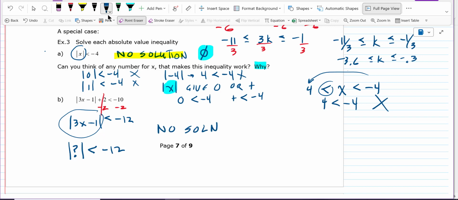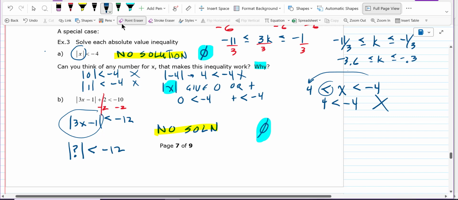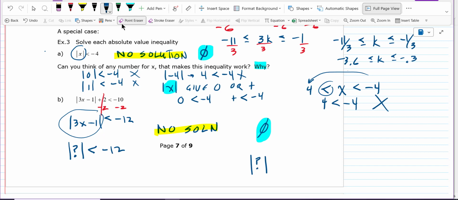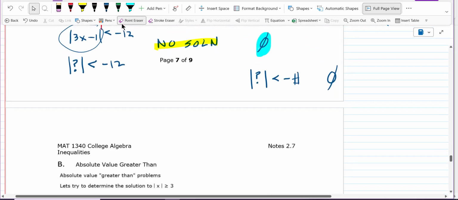You can just abbreviate that like that if you want, or you could do, again, the empty set symbol. Okay, so this is just sort of a special case. If you see an absolute value isolated, of anything, that can never be less than a negative number. That would automatically be no solution if you spot that. Okay, so that's kind of a special case.